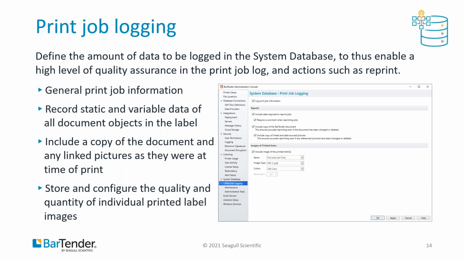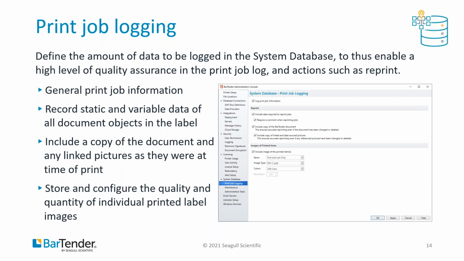Also, as we see there, lastly, we can also store a picture, an image of each label that is printed. And in fact, for purposes of reducing disk utilization, so that your system database does not get too big, you can choose whether you wish to have an image of the first or last, or both the first and last, or all of the labels printed within the print job.